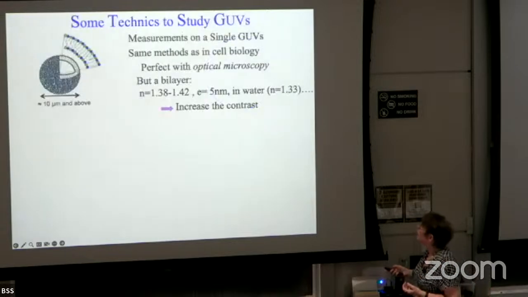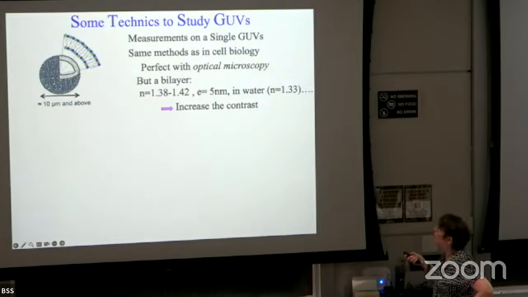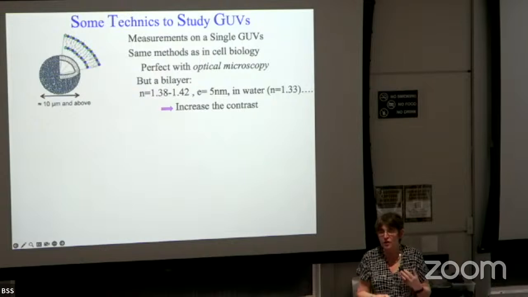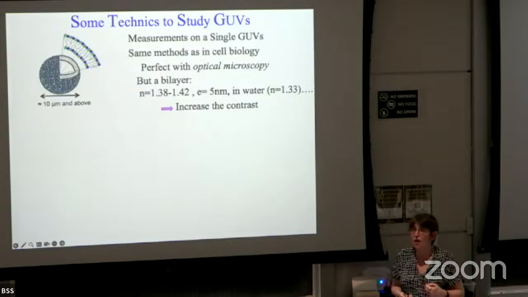Since they are typically 10 microns, that's good for microscopy. But the problem is that in microscopy, if you look at a cell, you have a material, in particular the cytosol, which has an index of refraction different from water, so you see it with a simple microscope.